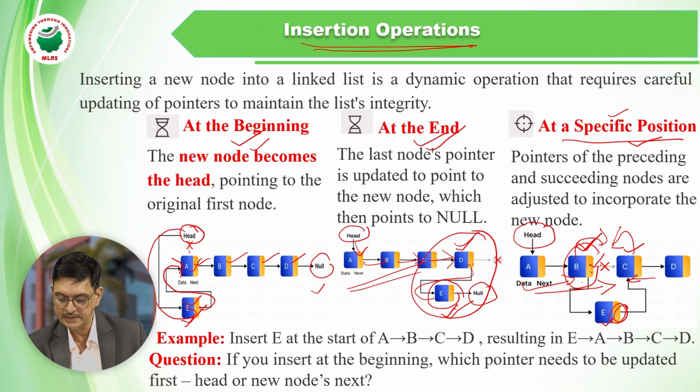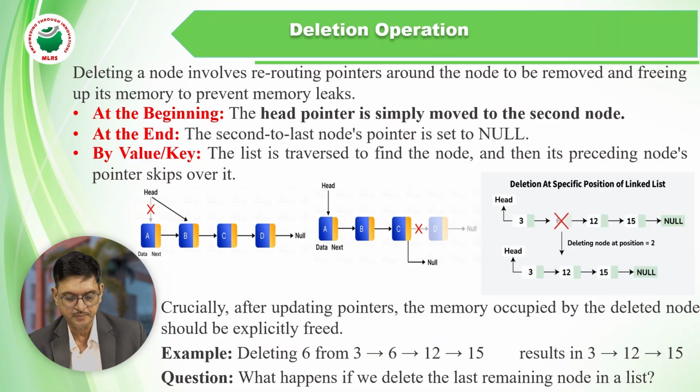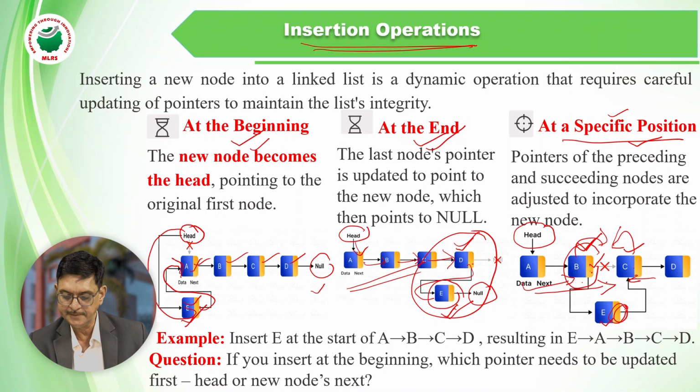Now that value is copied in E, and this value's address is copied in the B value, so that this new node is now inserted between B and C. Similarly, we can insert values in any order.